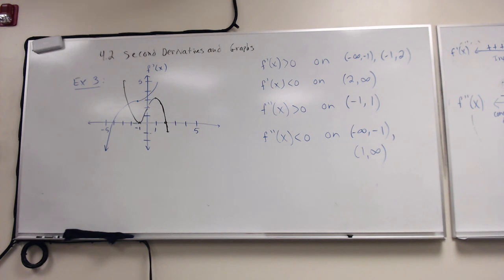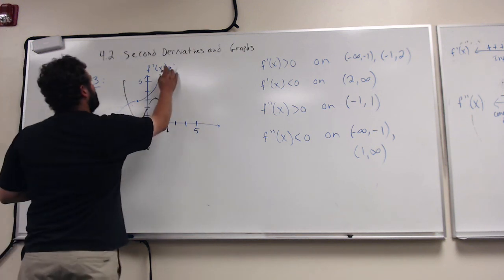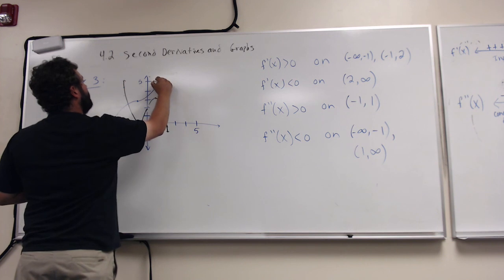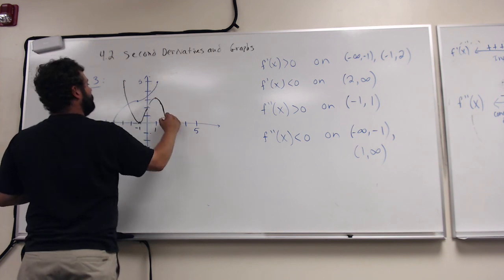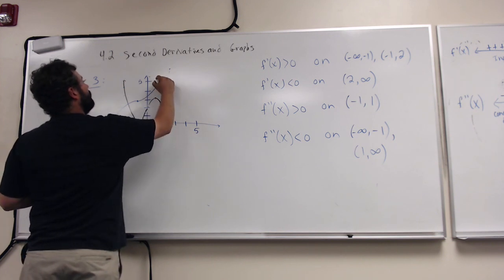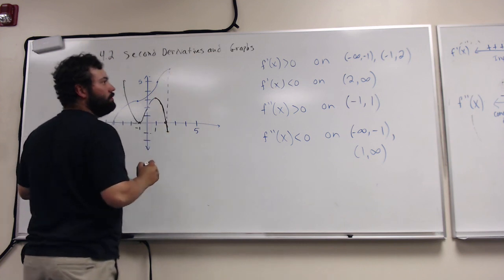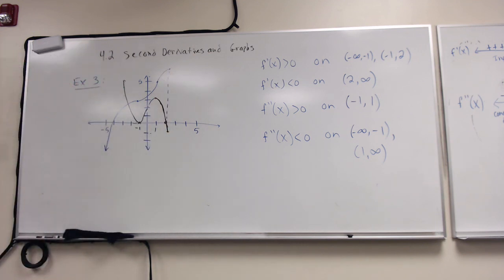But then it's going to change to concave down, but it's still going to be increasing until we get to 2. So we'll change to concave down. Here's 2. That's where my local max is going to be. And the height you just estimated?